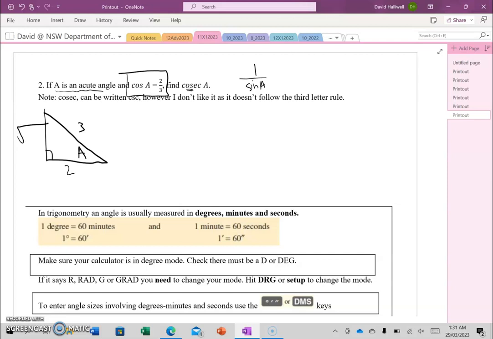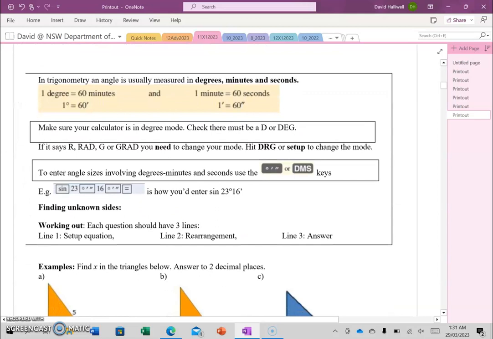I'm going to use Pythagoras' theorem to work out that this is root 3 squared minus 2 squared, which is root 5. Sine of A would be opposite over hypotenuse, which is root 5 on 3. So cosec is going to be that flipped, which is 3 on root 5.